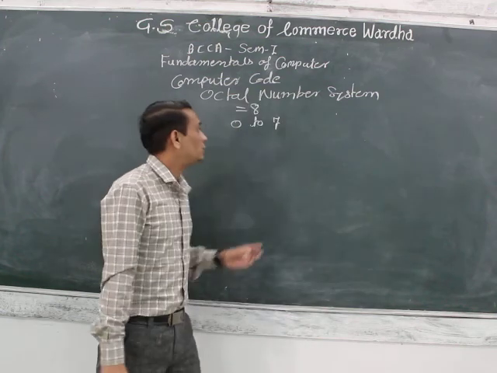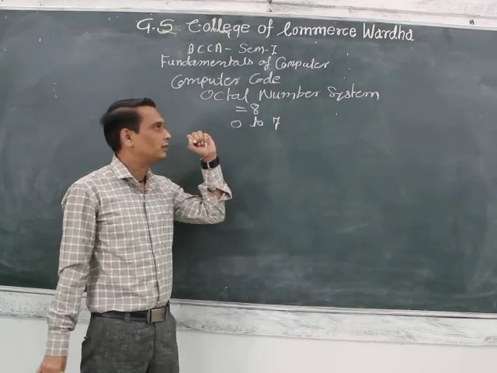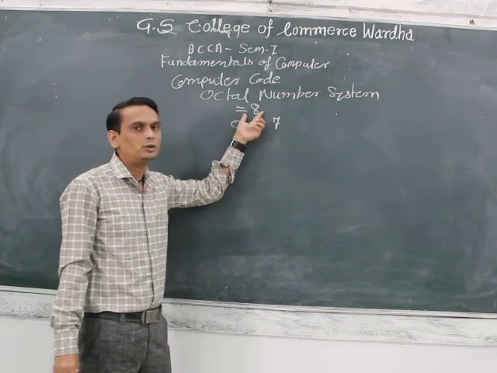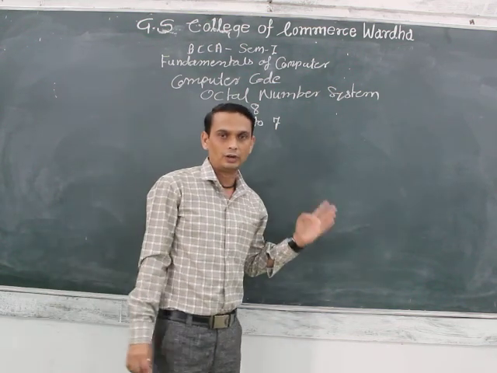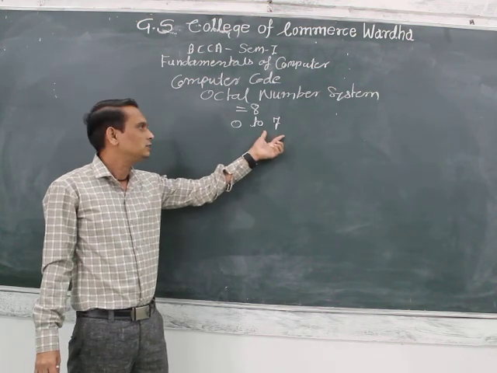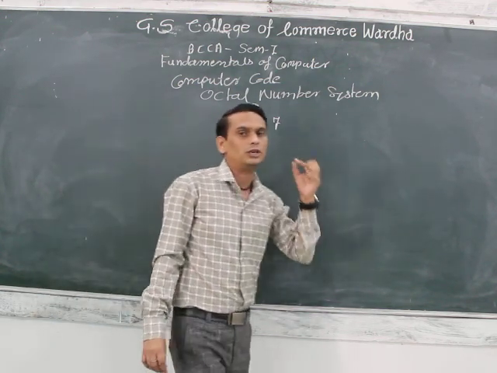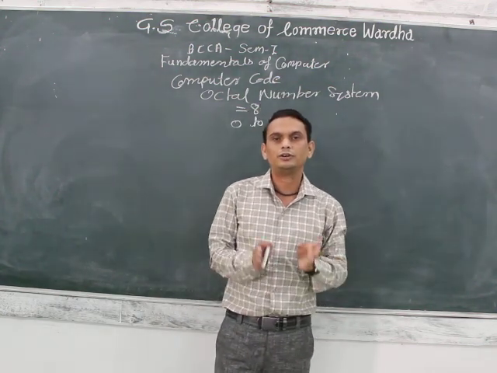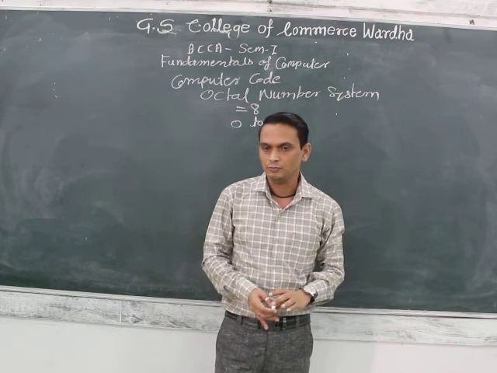In the same way, when we talk about the octal number, the base of the octal number is 8, therefore it includes 8 symbols or 8 digits, that is 0 to 7. These digits can combine to create an octal number.